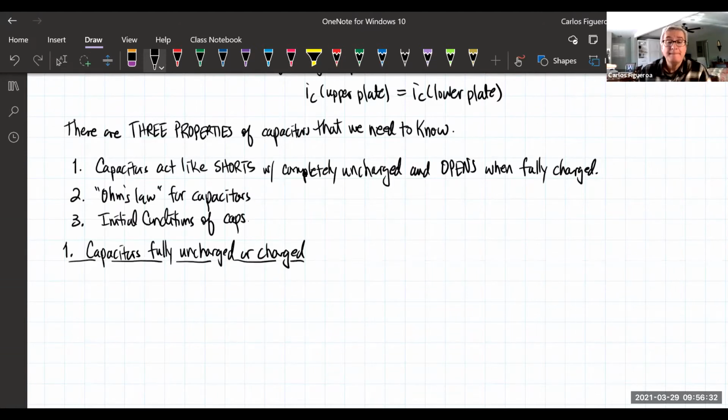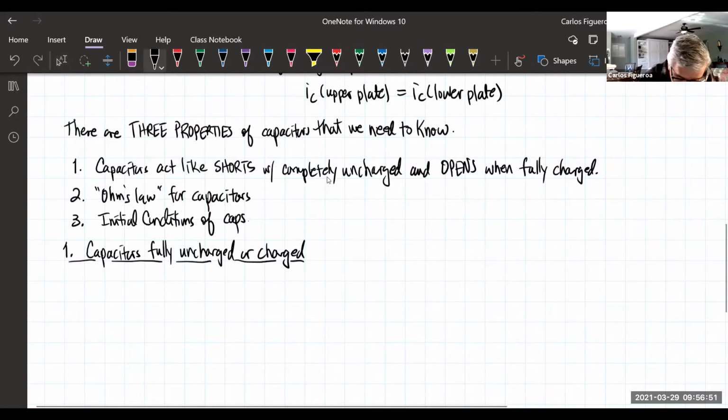If I start out with an uncharged capacitor, the moment a switch is closed, positive charge begins to flow. So we should start talking about language here.